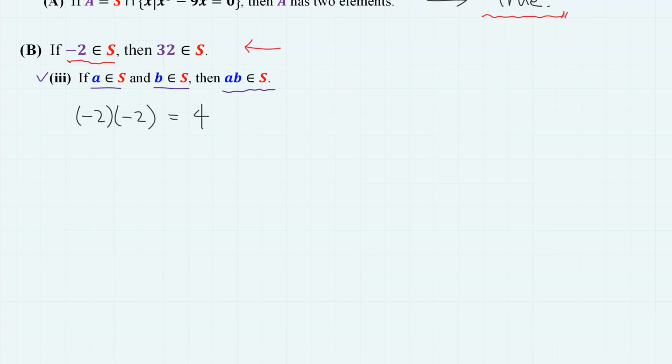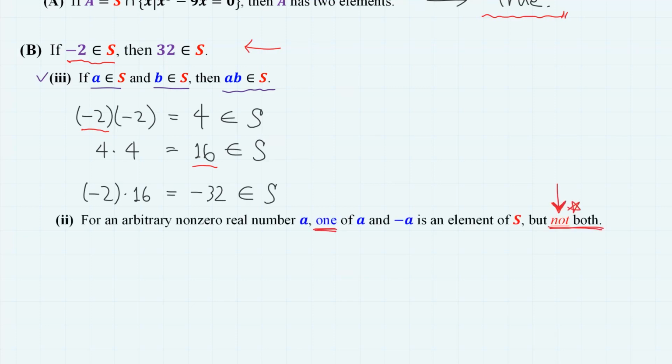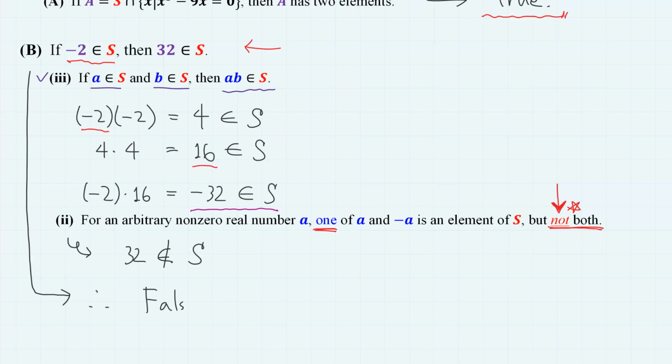This gives that 4 is an element of S, and if we multiply 4 with 4, then 16 is also an element of S. Then let us pick negative 2 and 16 this time, which gives negative 32 is also an element of S. Here, because negative 32 is an element of S, condition 2 excludes 32 from being an element of S. Therefore, choice B is false.